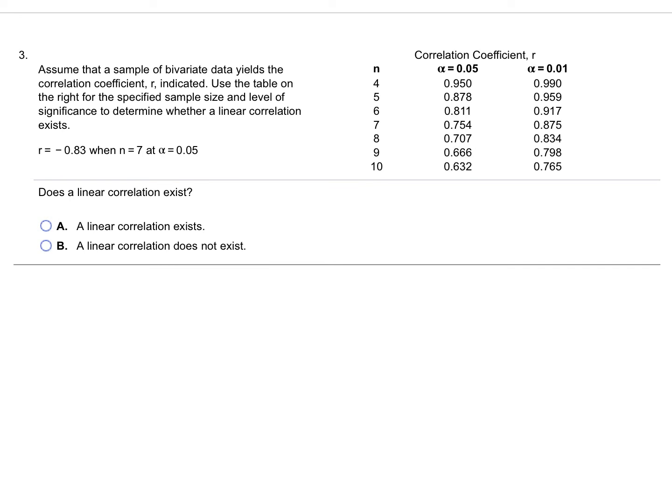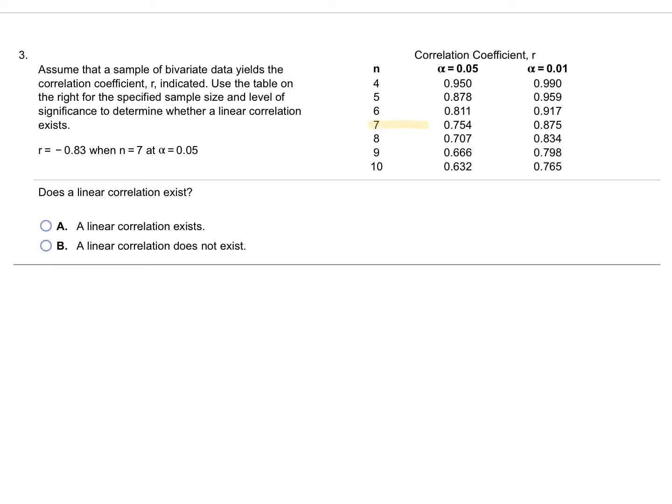Number 3. Assume that a sample of bivariate data yields the correlation coefficient R indicated. Use the table on the right for the specified sample size and level of significance to determine whether a linear correlation exists. Okay, so we want n is equal to 7.